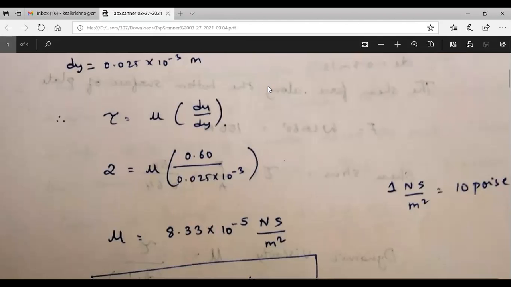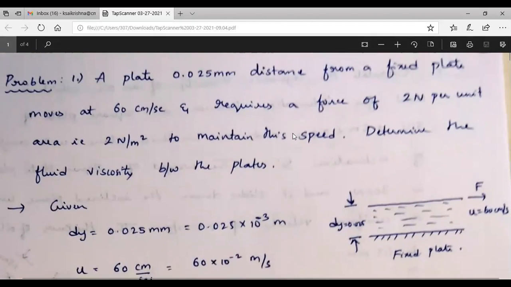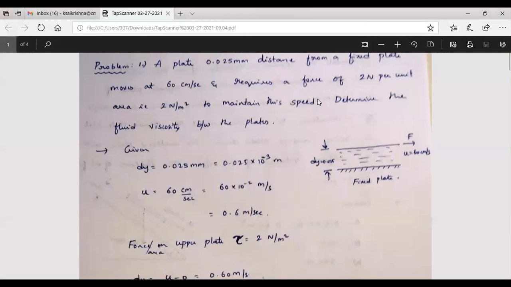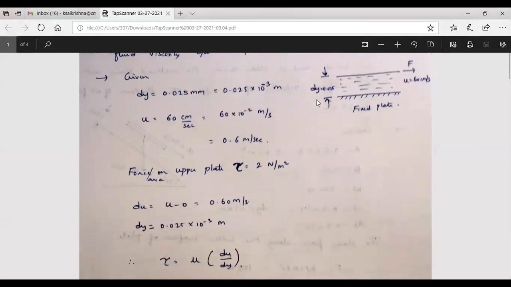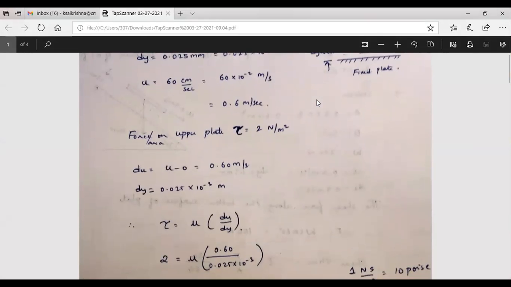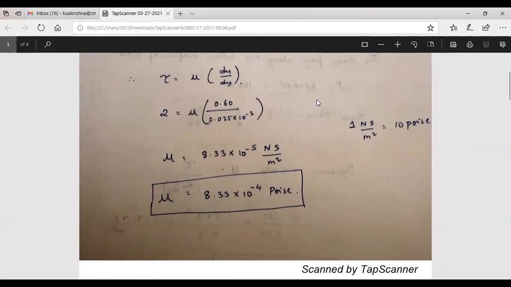Can we go for the next problem, or do you need time to copy this? Yes, sir, next problem, sir.